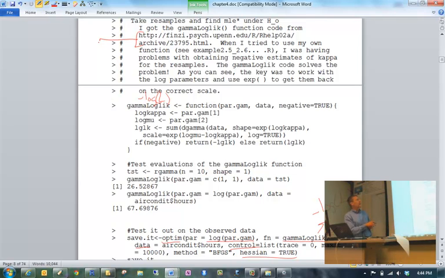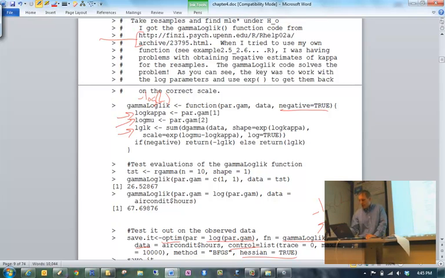And I came across this listserv post, and I simply copied and pasted their code directly. I could have modified it for my purposes, but for emphasis I just copied it directly into my program. They called their function gamma.log.like, passing parameter estimates, data, and then they have some other argument that we'll talk about shortly. So, log of capital, log of mu, here's my log likelihood function.